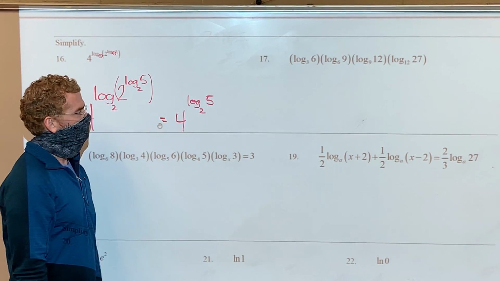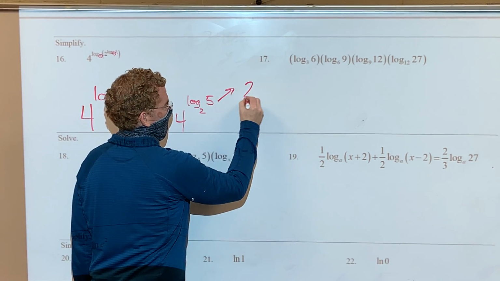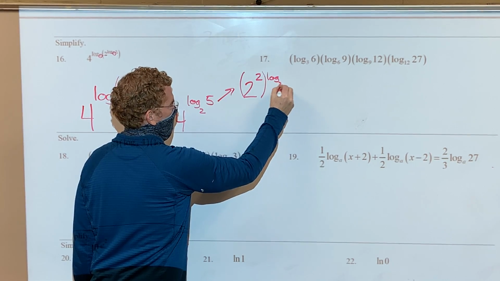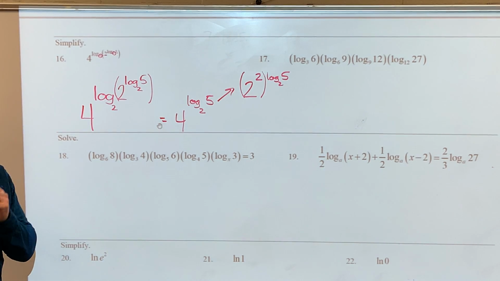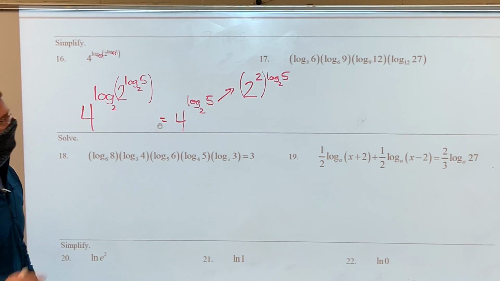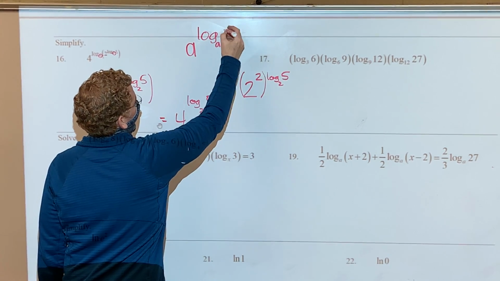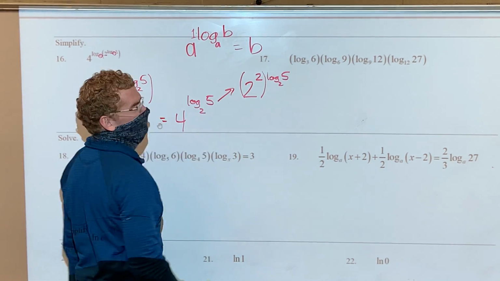So there's 2 options. One is to change that 4 to 2 squared. That would give me this. Now can I cancel the 2 log 2? No. Why? Because here's my rule. A log A of B is B, but only if there's a 1 sitting out front of that log.